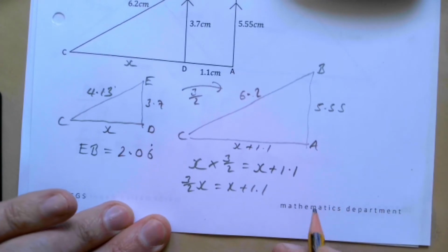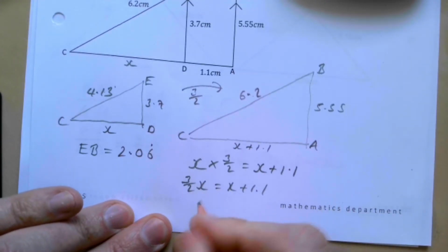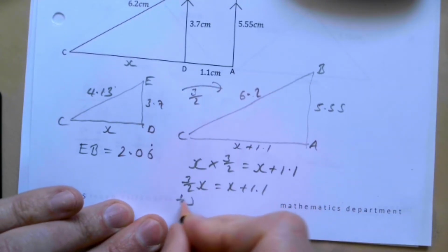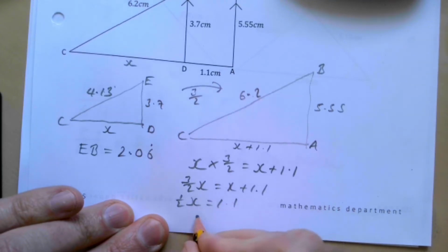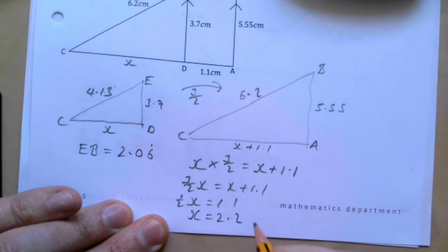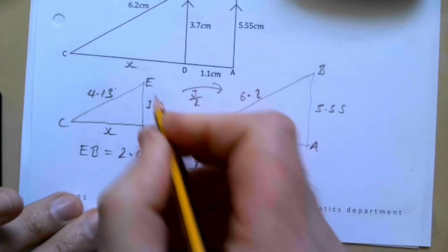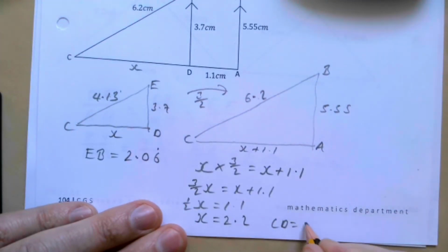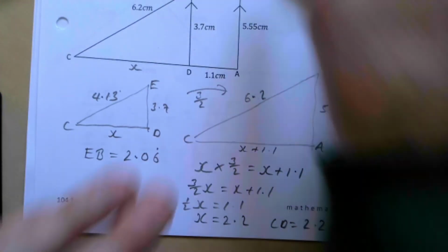It's actually not too bad whenever you think about it. Take away x from both sides, we get half of x is 1.1. And that means x is going to be 2.2. And so my length CD is going to be 2.2 centimeters.